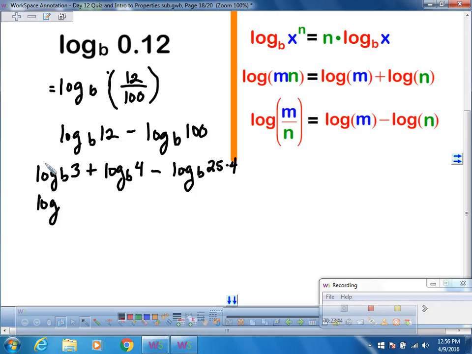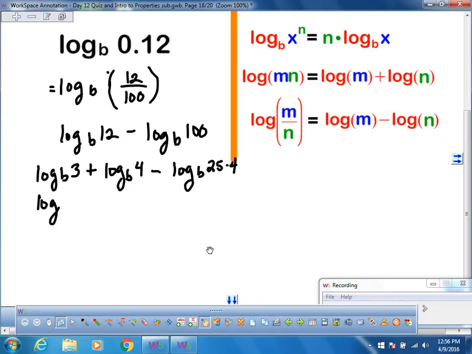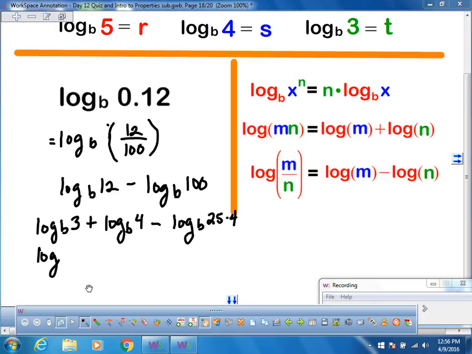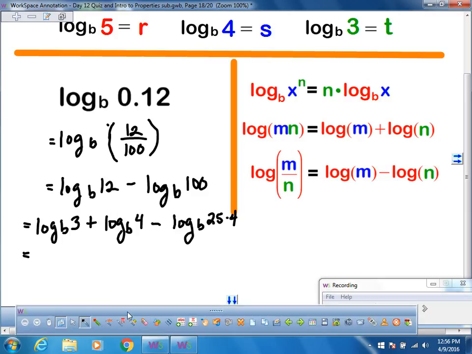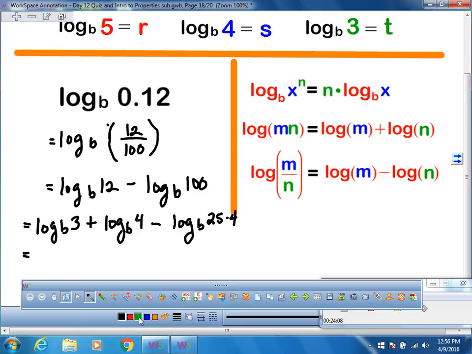Equals log b 3, which is actually t. Let's just put the t now. We might as well. So t, substituting, plus log b 4, which is s.